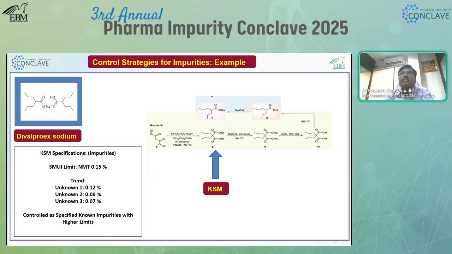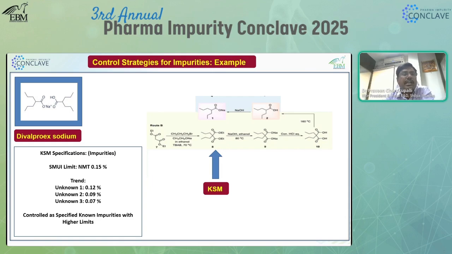When we contacted the KSM supplier, he was unable to control these impurities at the 0.05 percent level. When we are unable to control impurities at the required level, we have to establish an appropriate control strategy, and for that you have to make them known. So the KSM having these impurities was subjected to GC-MS/MS analysis, and we made the 3 impurities known and controlled them as specified known impurities with higher levels.